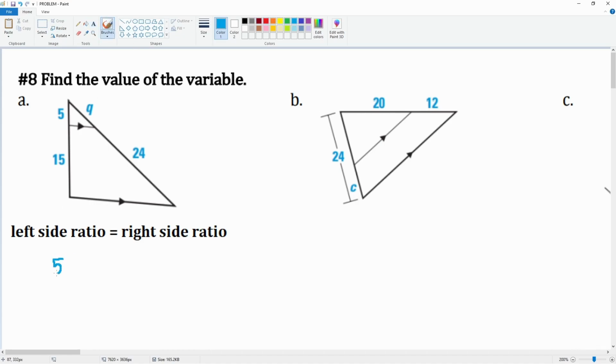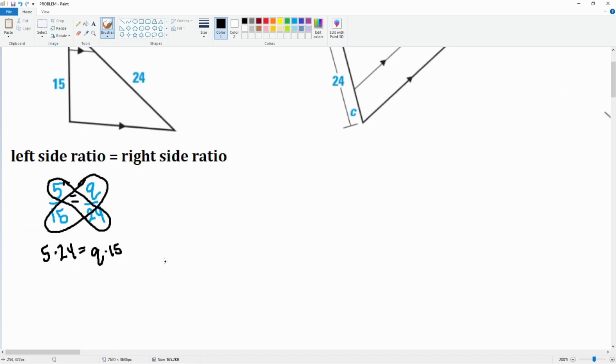5 over 15 is equal to Q over 24. Okay, now we can cross multiply this. 5 times 24 is equal to Q times 15. Okay. 5 times 24, which is 120.